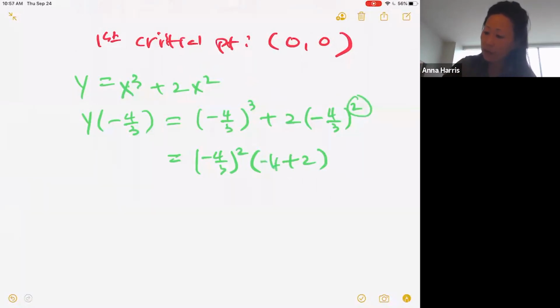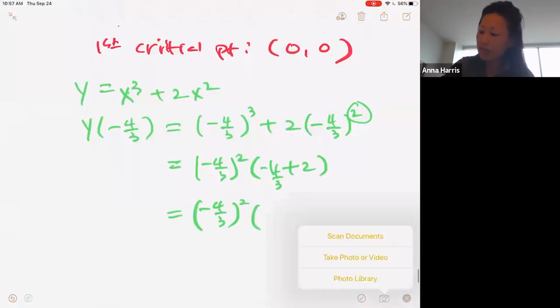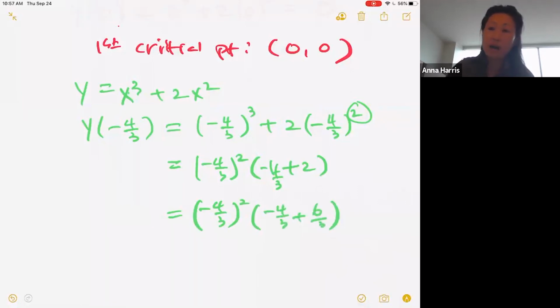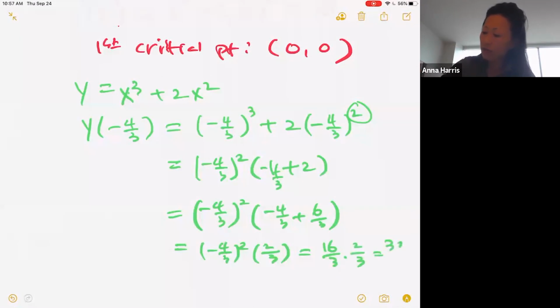So I have a negative 4/3. Okay, so that gives me negative 4/3 squared, and that gives me, I'm not using a calculator, that's why it's a little bit complicated, but if you use a calculator, it'd be much easier. So I have 16/3 times 2/3, which will give you 32/9.